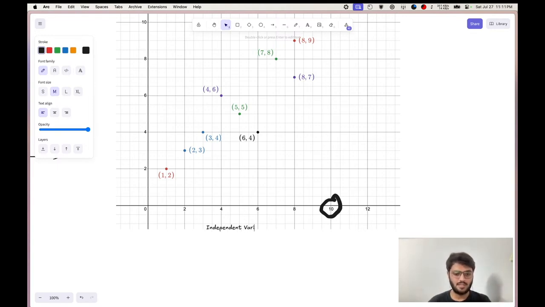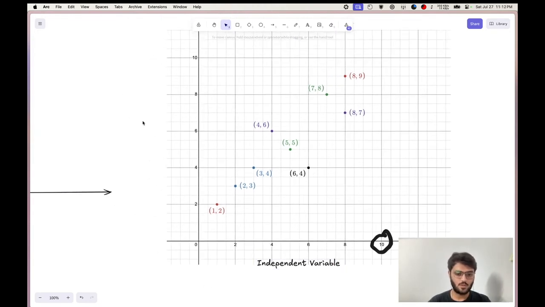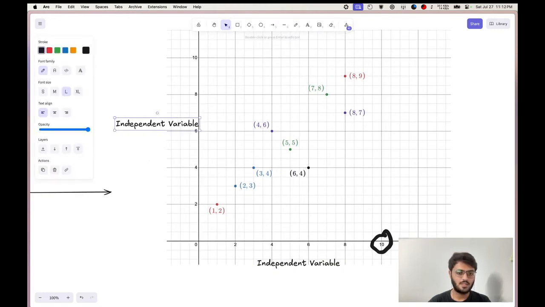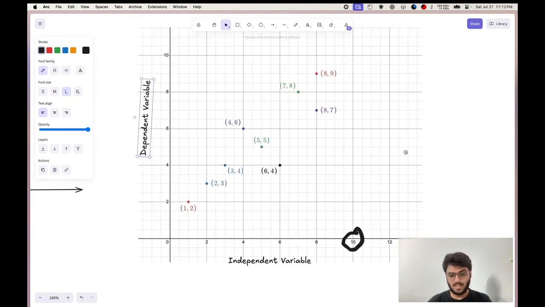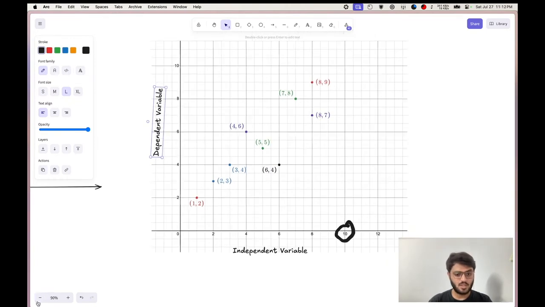And this one is what we call the dependent variable. What it means is that the x-axis is responsible for the y-axis.